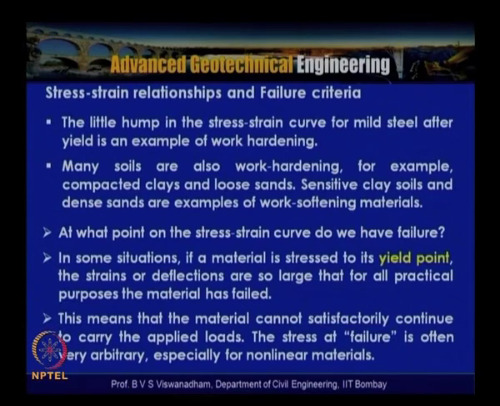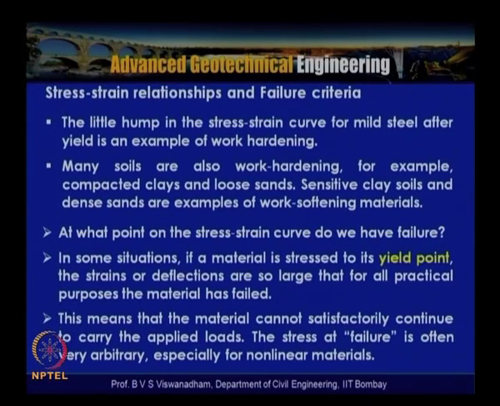For example, compacted clays and loose sands, when subjected to shear, exhibit this so called work hardening phenomenon. Sensitive clay soils and dense sands are examples of work softening. That means that after attaining a certain peak value, there is a decrease in the stress with an increase in the strain.